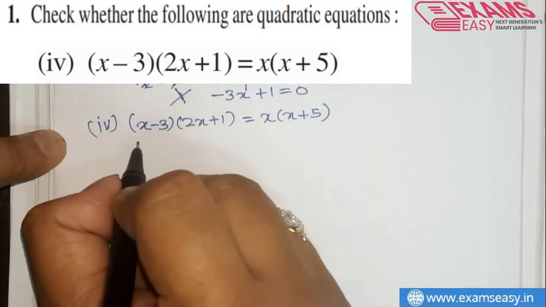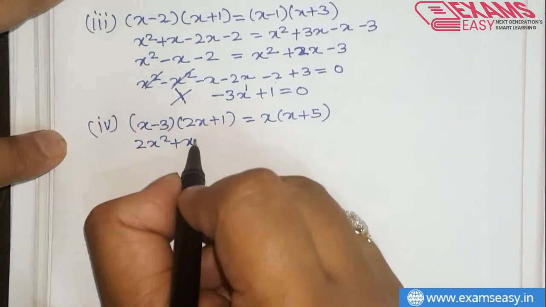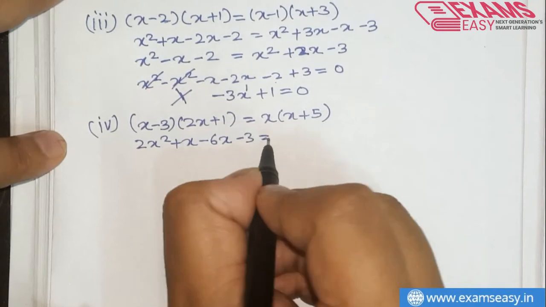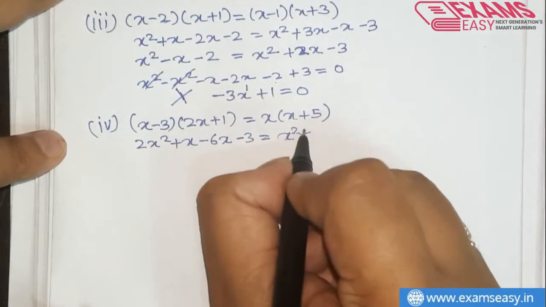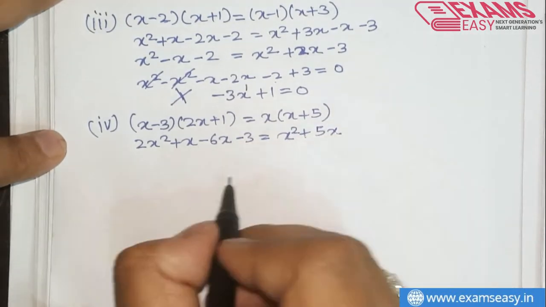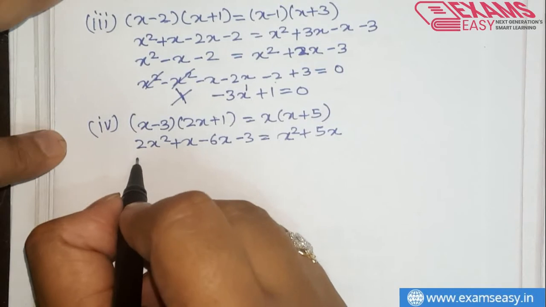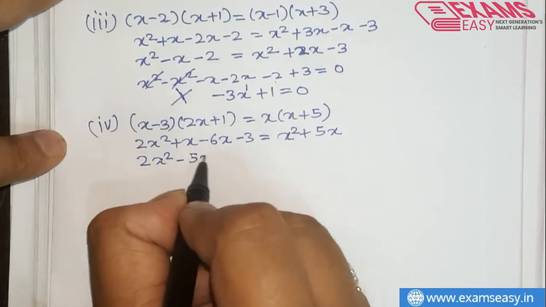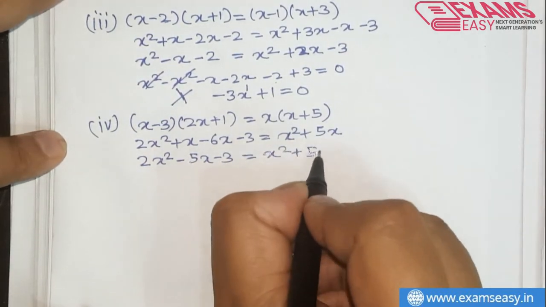So x and 2x gives 2x square plus x minus 6x minus 3, and in the right hand side if you multiply x with this, it will become x square plus 5x. So let us simplify the left hand side first, then it will become 2x square, x minus 6x will become minus 5x minus 3 is equal to x square plus 5x.